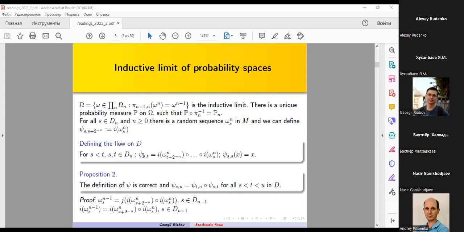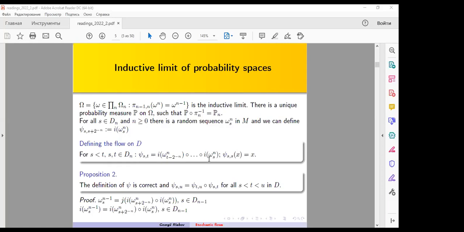Okay, how do we define psi st? When s and t are from one set Dn, we define psi as a composition of the mappings that act between segments of length 2 to the power minus n. It turns out that the definition of psi doesn't depend on the choice of n, and for psi we have the strong flow property.